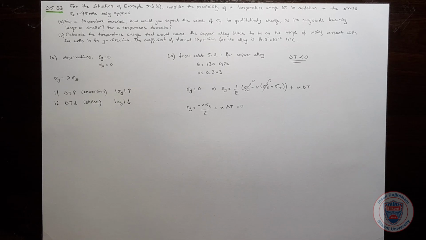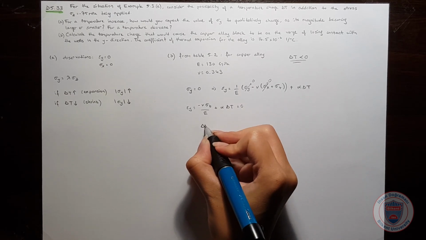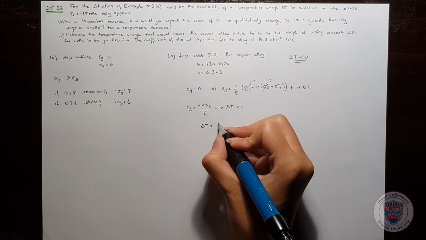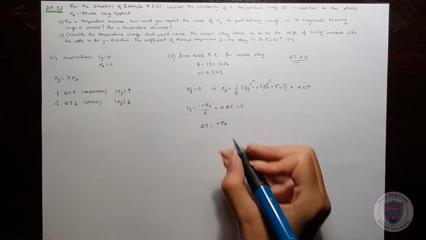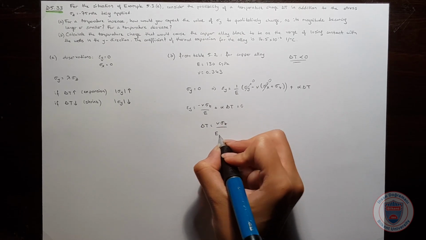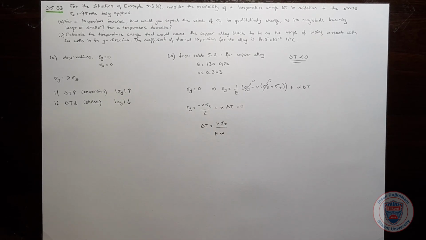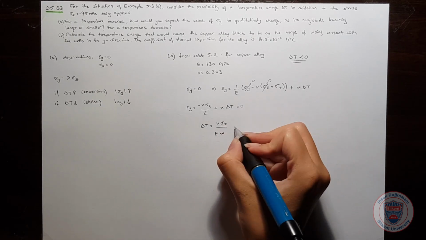When we make some arrangements, we see that delta T is equal to Poisson's ratio times sigma z over Young's modulus times the thermal expansion coefficient. We know the values for these terms, so let's substitute them.